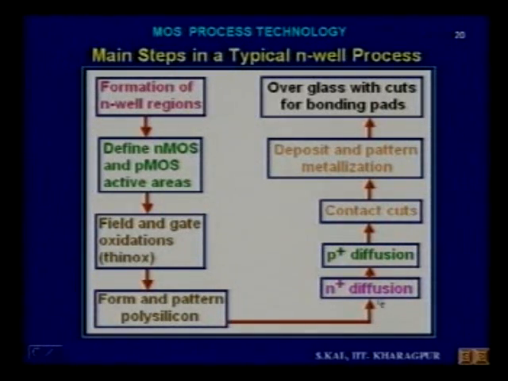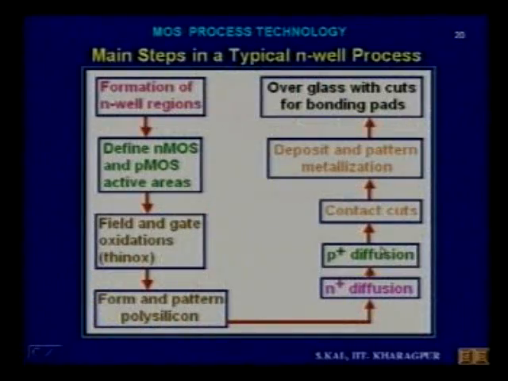After that, N plus diffusion for NMOS. Then using the same mask but negative resist, one is positive, another is negative, you can make the P plus diffusion also. After N plus and P plus diffusion, that means source and drain of both NMOS and PMOS are formed.